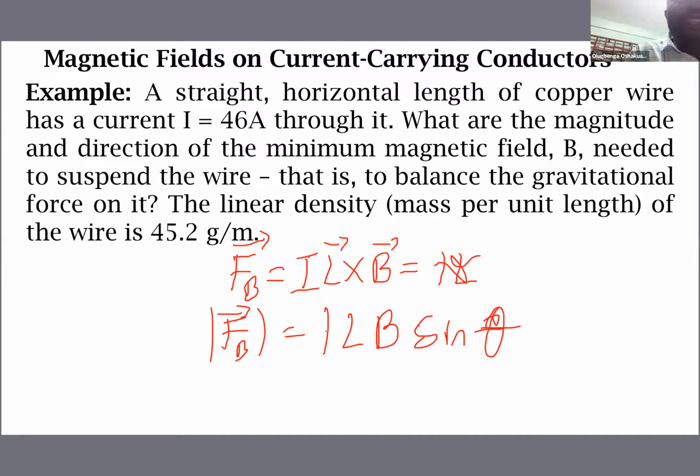When sine theta is 1, then the value of magnetic field that will give you the same magnetic force will be referred to as the minimum magnetic field required to give you that particular force.